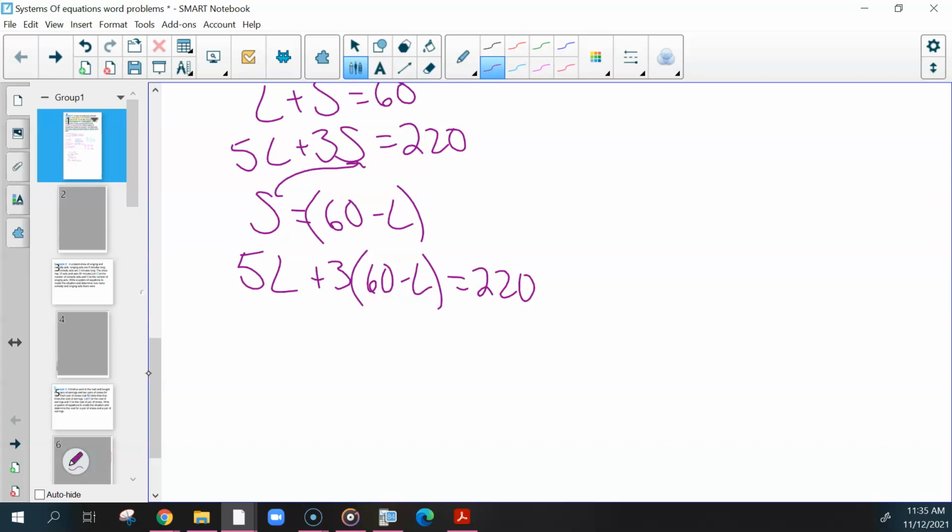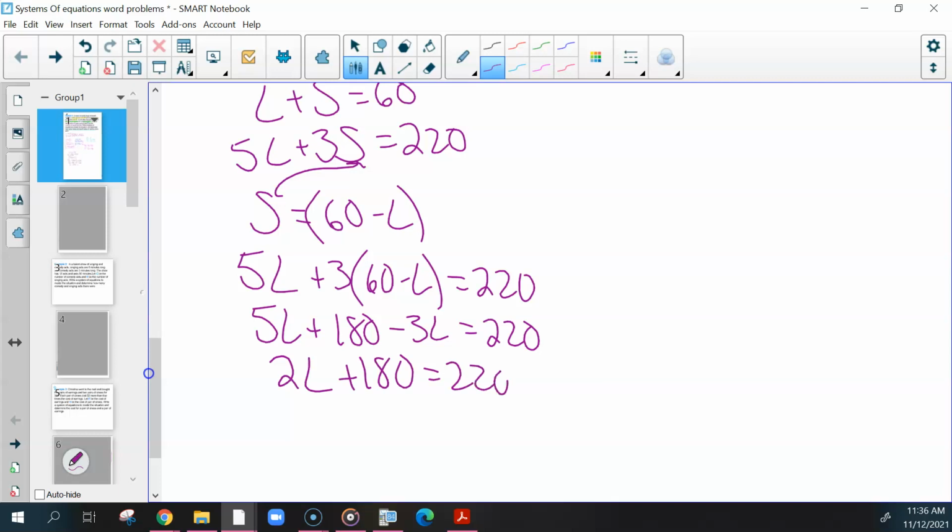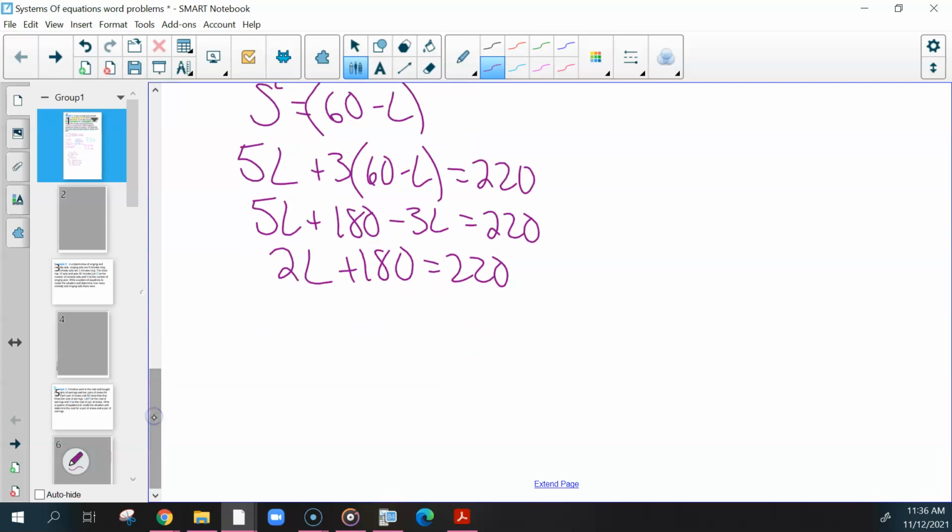From there, we could solve for L. And combining my terms, this will give us 2L plus 180. Subtract 180.